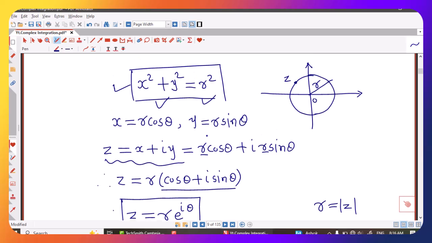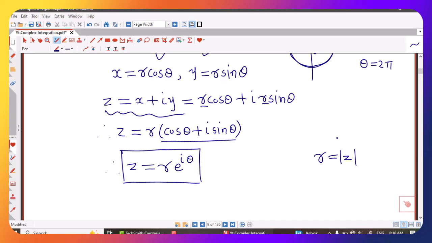Now suppose we want to integrate throughout the circle. If our contour is circle starting from this point and we are integrating along the whole circle, then we can see that we start with this point, and at this point theta is 0, and after completing whole circle we will obtain theta equal to 2 pi. So here we will consider theta as 0 less than or equal to theta less than or equal to 2 pi.